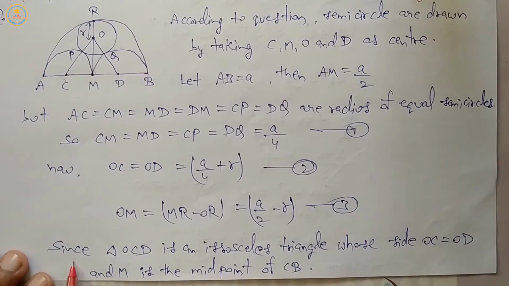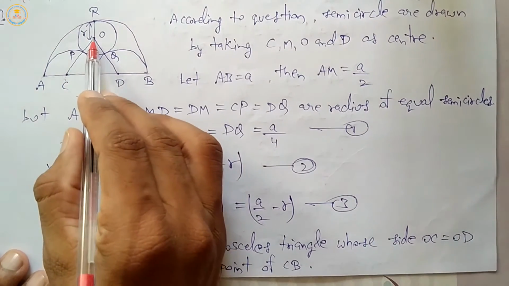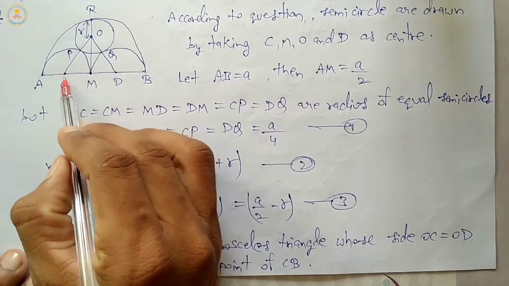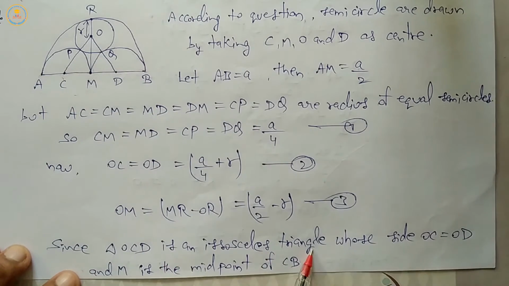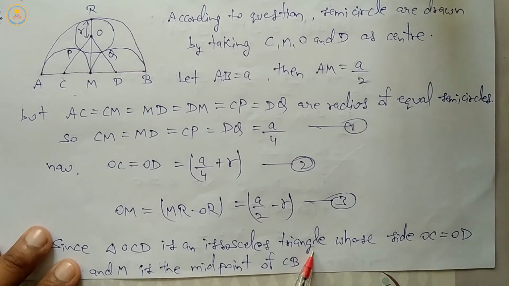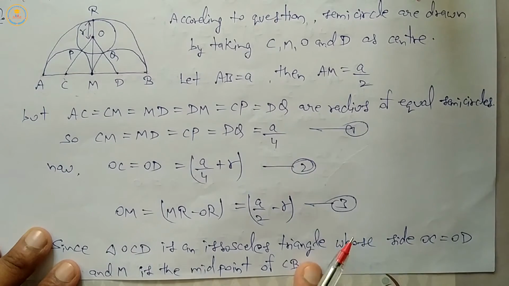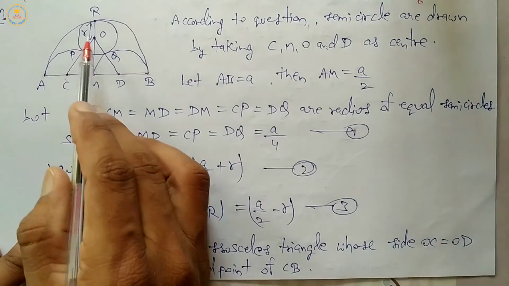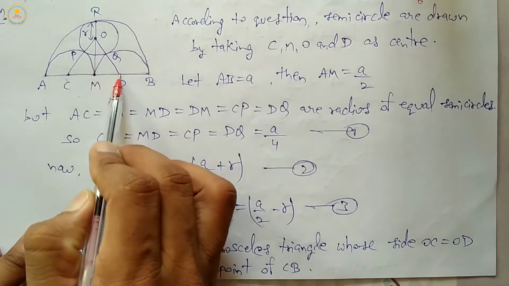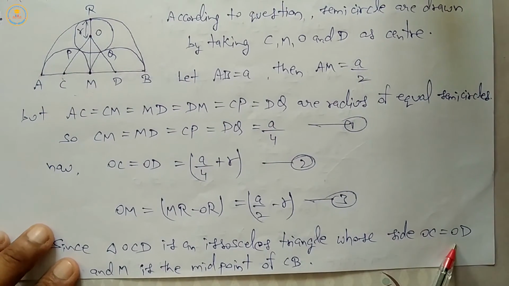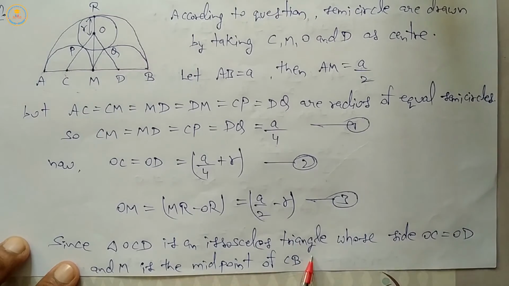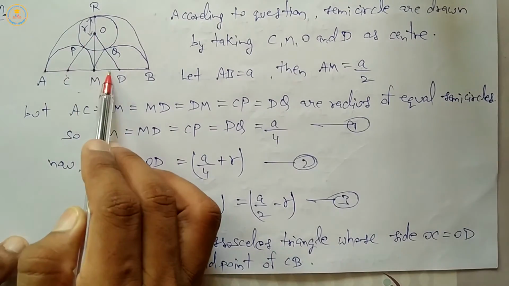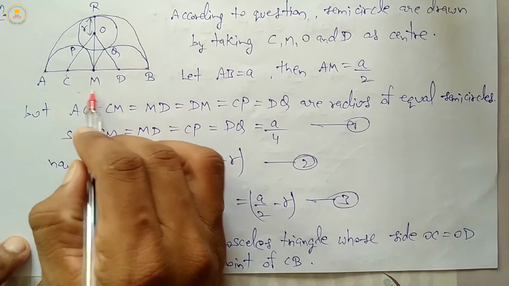Now triangle OCD is an isosceles triangle. Isosceles triangle means two sides are equal, so OC equals OD, and M is the midpoint of CD.